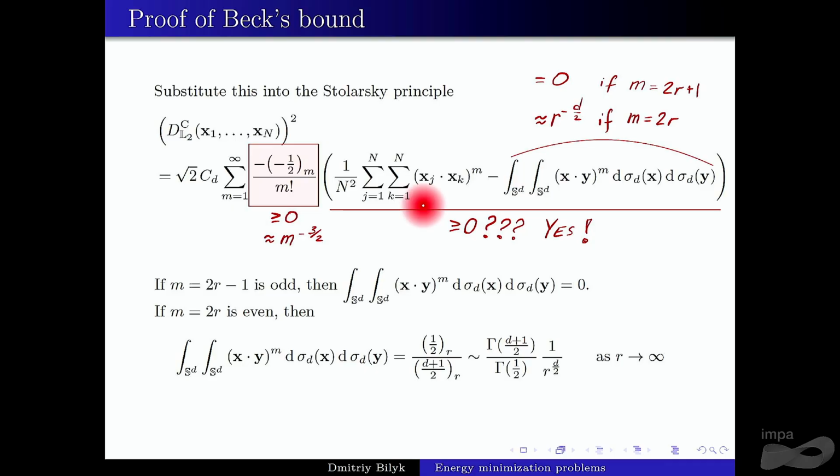That means that if we look at this expression, everything is positive, and if we want a lower bound, we can throw away as many terms as we want. This is what we're going to do. Feel free to stop me if there are any questions.